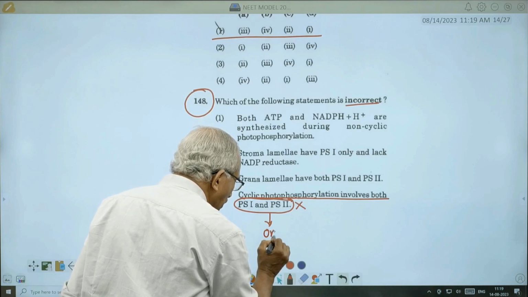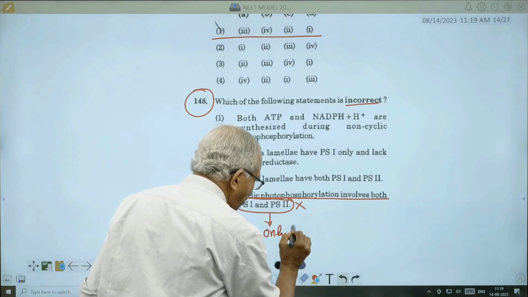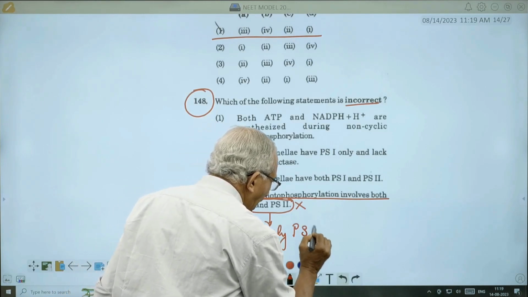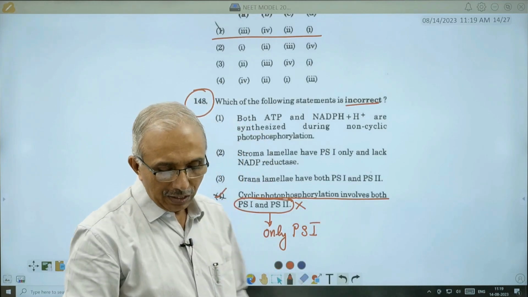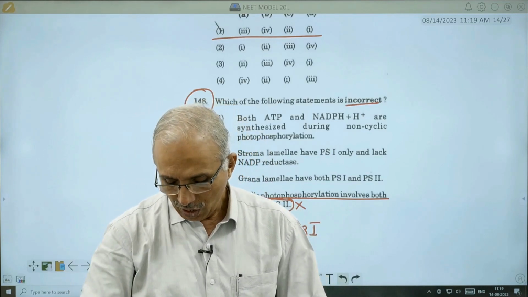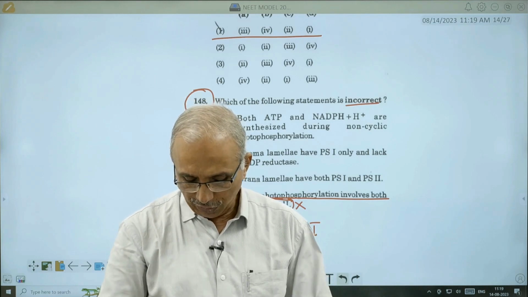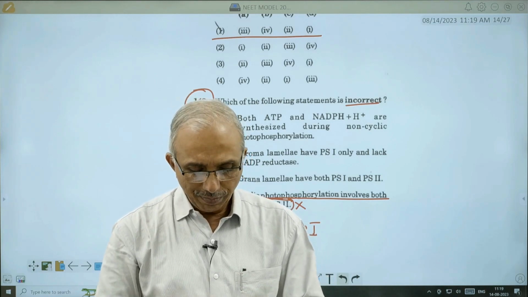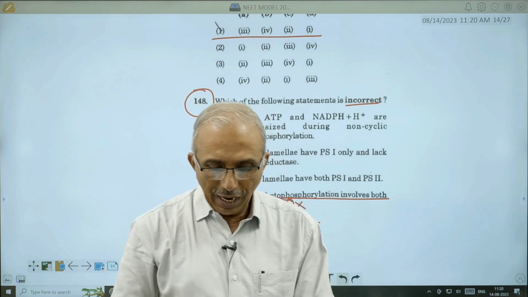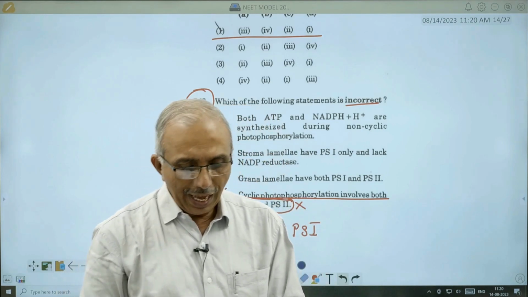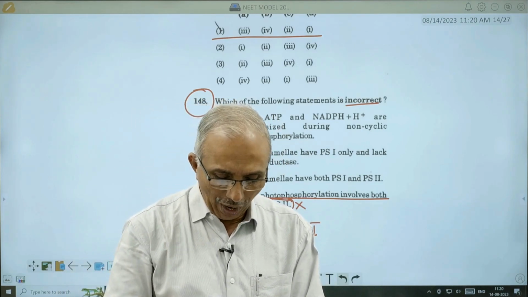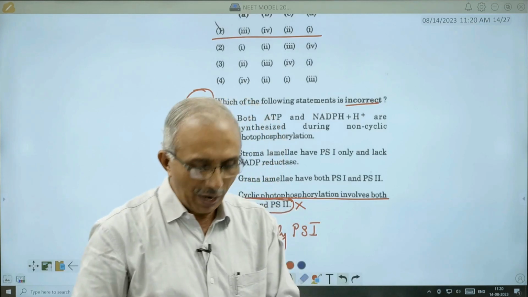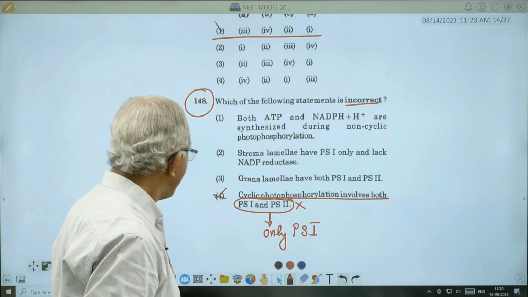Cyclic photophosphorylation involves only PS1.